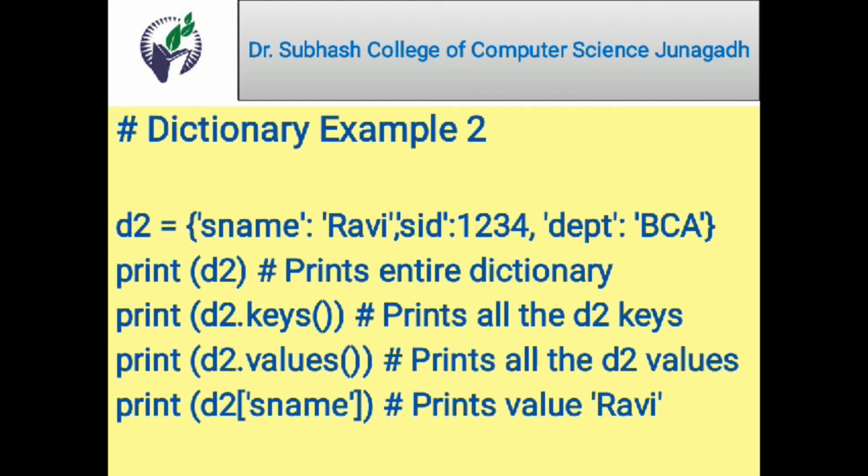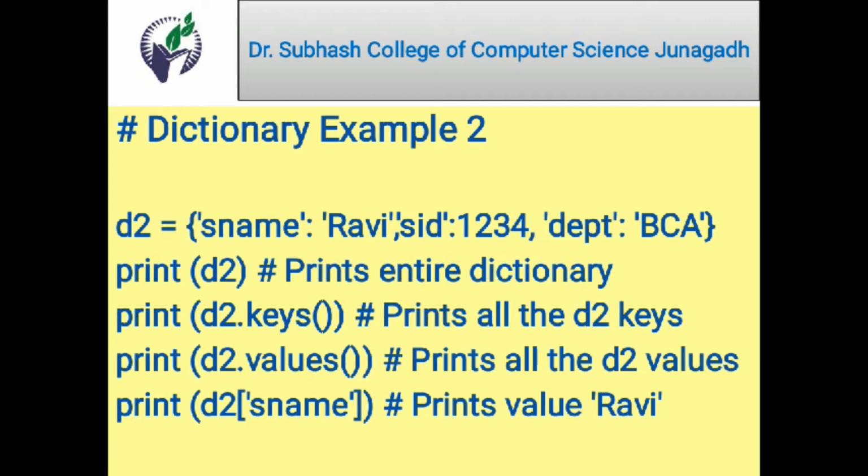First, that is the student name. Second, that is the student ID. And third one, that is the department. Now, print D2. Prints the entire dictionary, that is student name Ravi, student ID 1234, department BCA. D2 dot keys. Again, D2 created as an object.